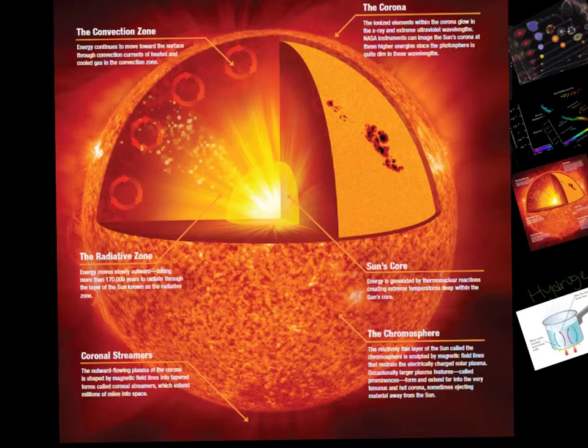It's a very, very unstable element. But as it starts to burn off some of its hydrogen, and the hydrogen lasts for billions of years, more energy is released, and things start to balance out to the point where gravity and the pressure of the radiative zone can balance out.